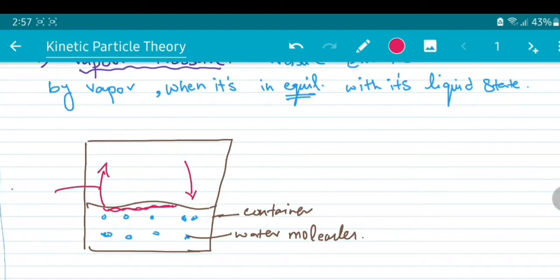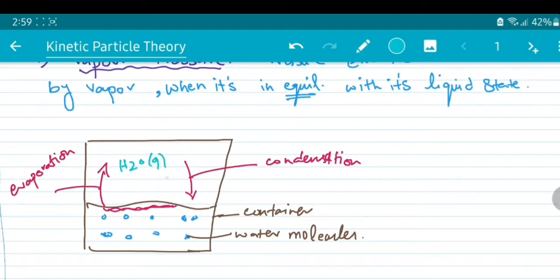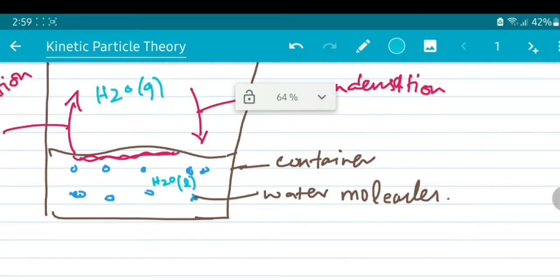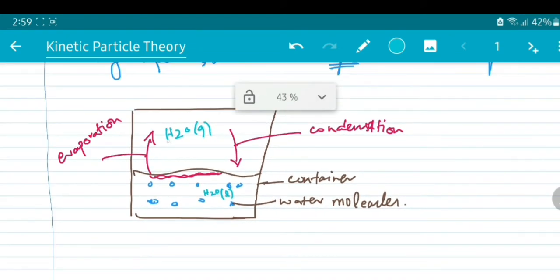So here evaporation is taking place, and here condensation is taking place. Here we can write it's in the state of gas, and here it's in the state of liquid. The evaporated particles create pressure, because they bump into and collide with each other, creating a force.